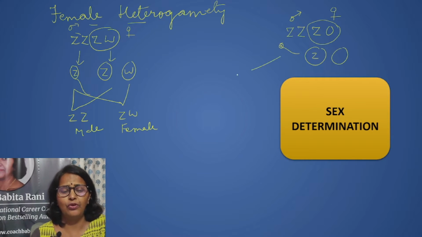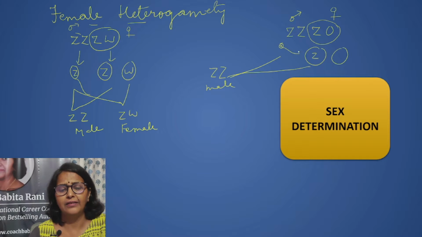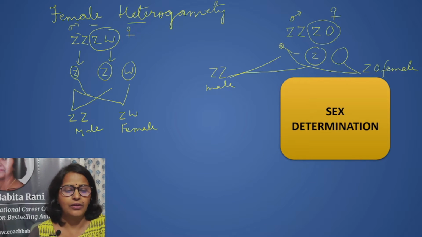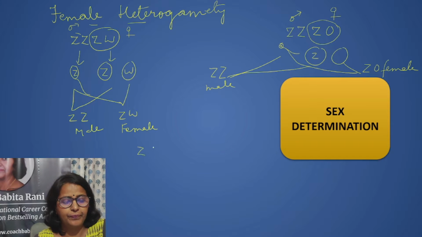Here also, this will combine with this to produce the male, and this will combine with this to produce the female. So ZW and ZO are representing the females, whereas ZZ represents the males.